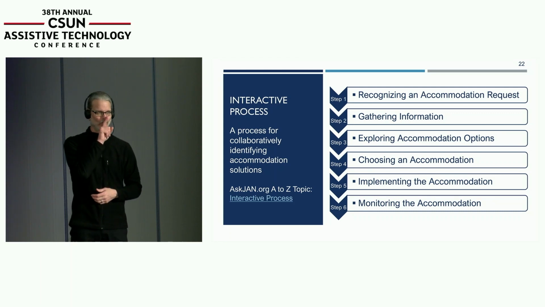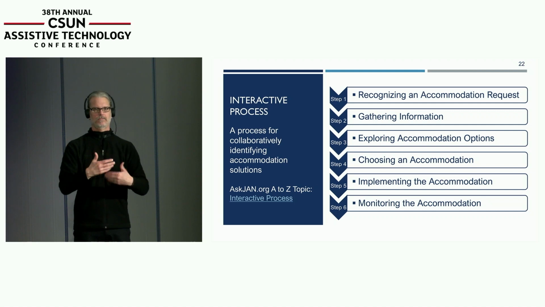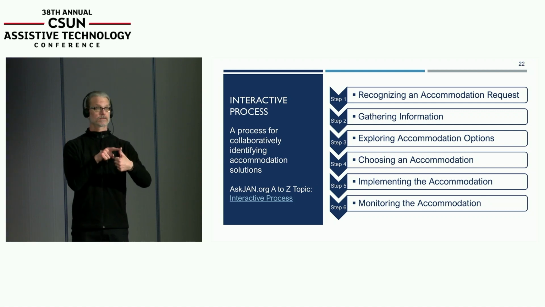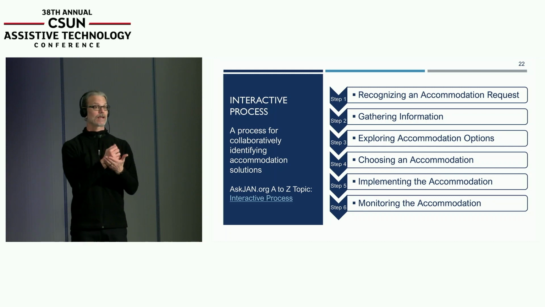So we at JAN have developed this sample 6-step process, starting with step 1, recognizing an accommodation request. Step 2, gathering information. Step 3, exploring accommodation options. Step 4, choosing an accommodation. Step 5, implementing that accommodation. And then this step is always forgotten, monitoring that accommodation.